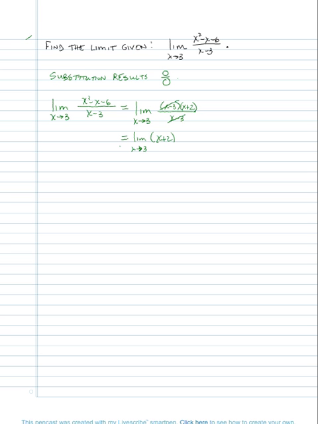Remember, substitution is what we want to try if we can, and this can be done easily by substitution. We substitute a 3 in for x, so we get 3 plus 2, or 5. So the limit of this fraction as x approaches 3 is the number 5.